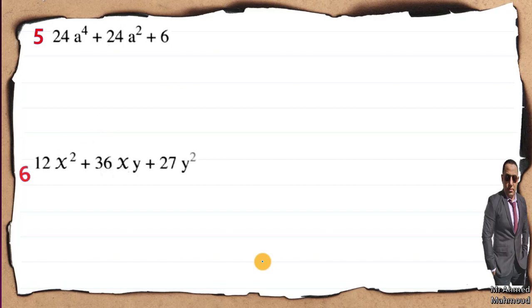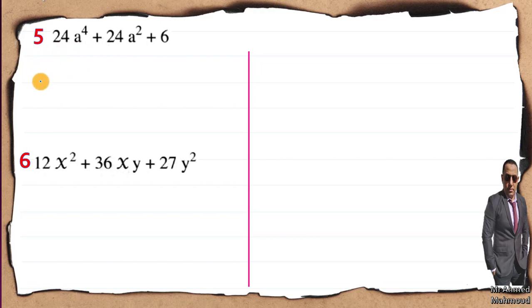Number 5, here 24, 24 and 6, they are all in the table, they have a common factor. All of them are divisible by 2, and all of them divisible by 3, and all of them divisible by 6. I'm going to take the highest common factor, so they are in the 6 table.